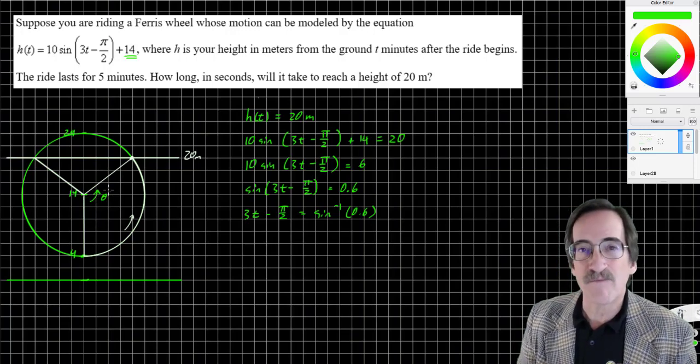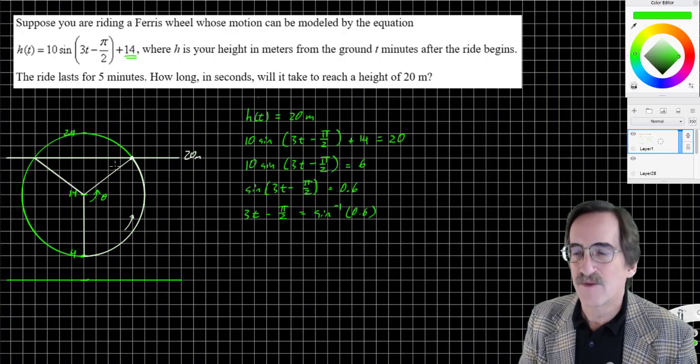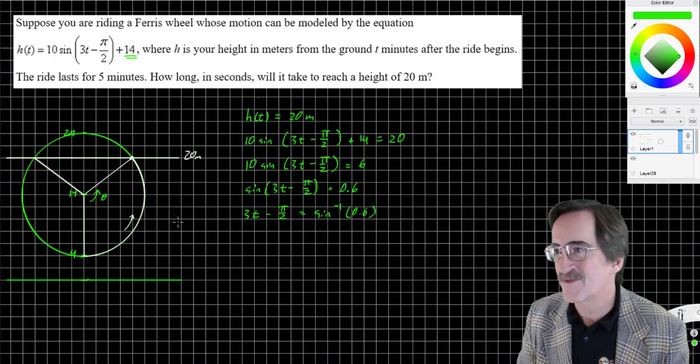Well, in this case, the primary will do, because the range of arc sine is between negative pi over 2 and pi over 2. It'll work.